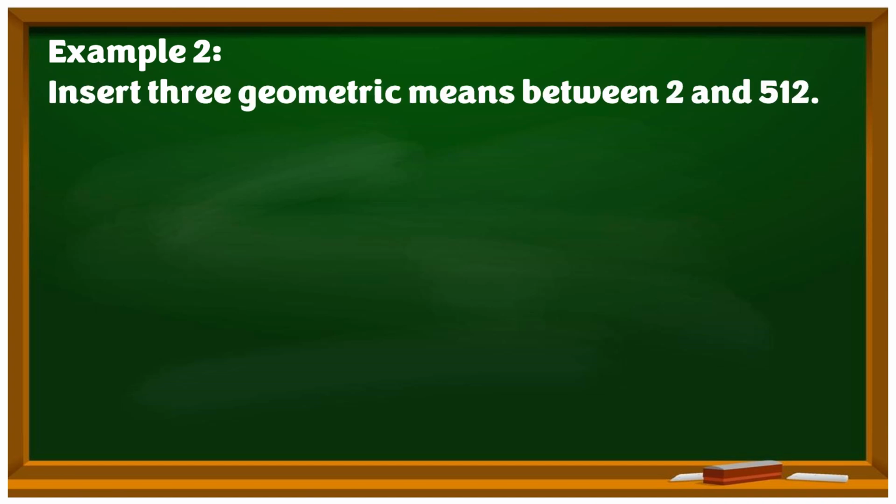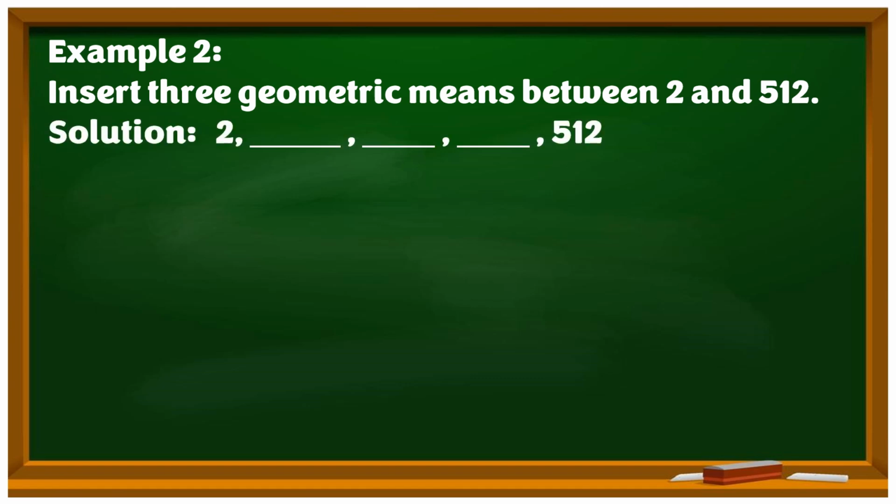For example number 2: insert 3 geometric means between 2 and 512. First, we're going to illustrate the given problem. We have 2, then a sub 2, a sub 3, a sub 4, and the last term is 512. So a sub 2, a sub 3, and a sub 4 will be the 3 geometric means that will be inserted between 2 and 512.